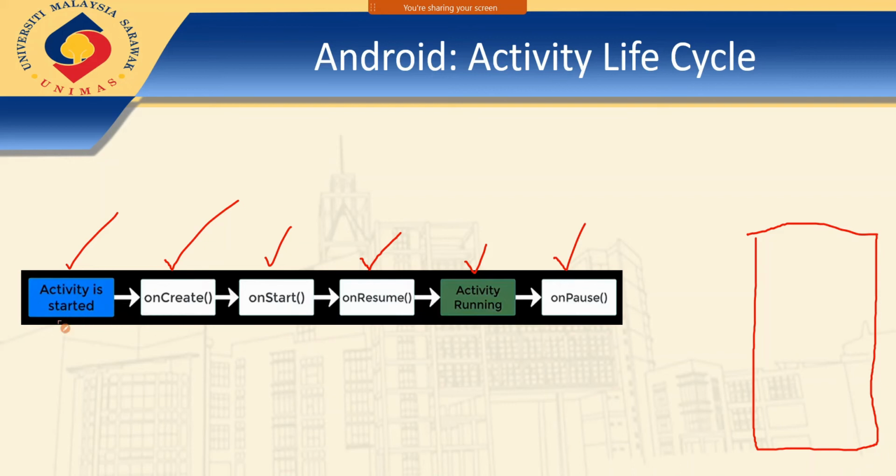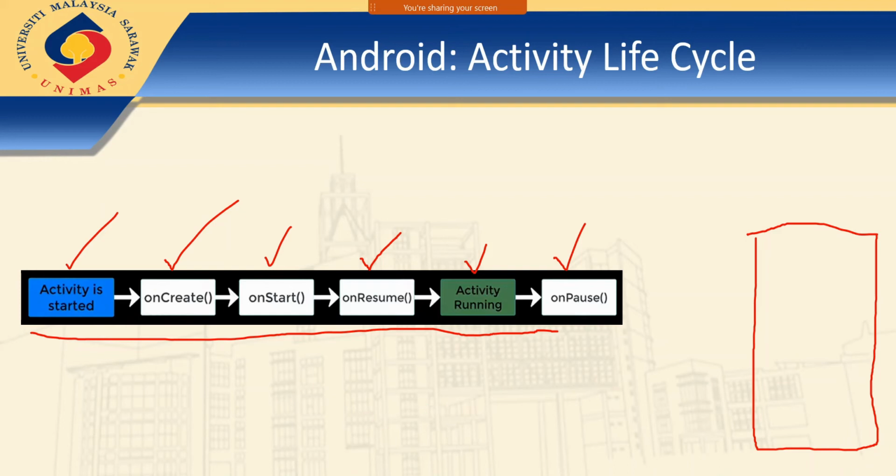So these are the different states that the activity goes through, and we can see when the application is running, when it is in the background, and when we can reactivate the application to start running again, and so on.